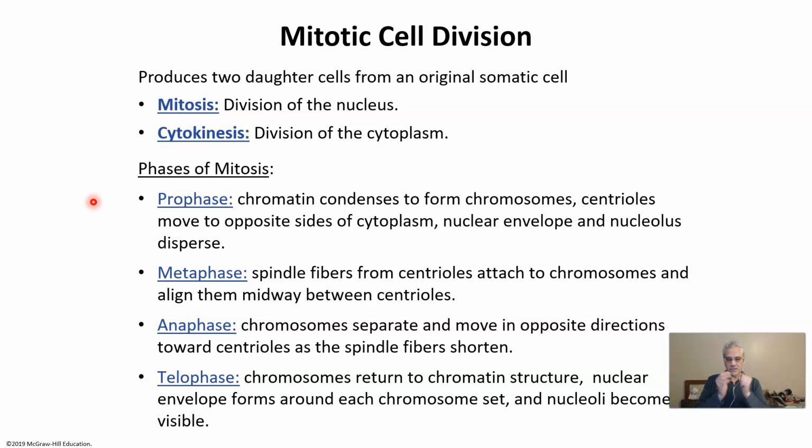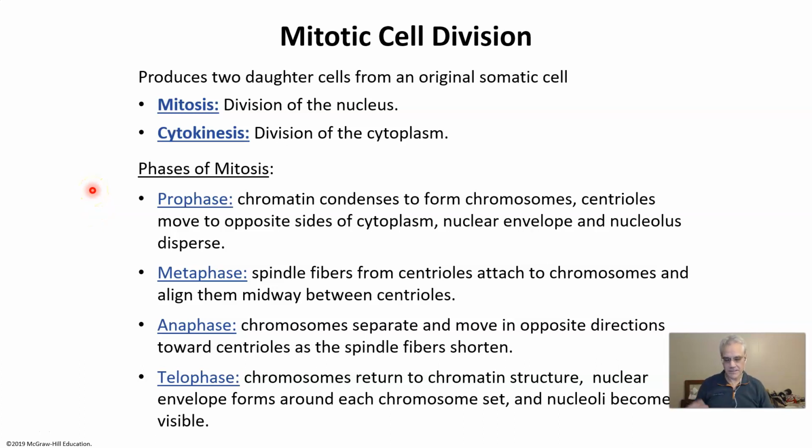The goal of mitosis is to produce two perfect copies of one cell. You have one cell. When I'm done with mitosis, I want two exact copies of that cell. And so on. 2 and 2 and 2. On and on. Perfect, exact copies. That's the goal.